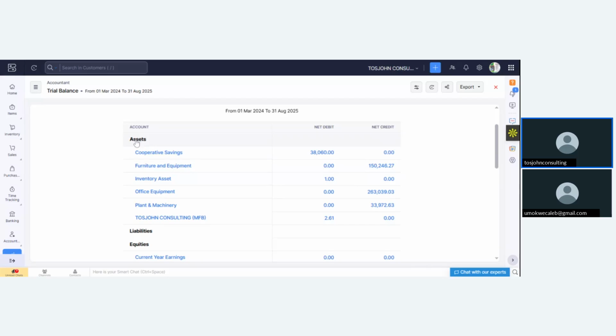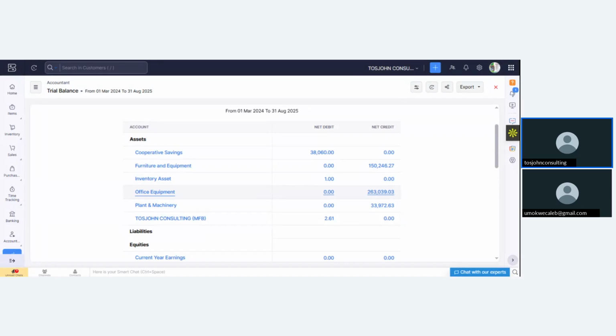You can see this is asset, and these are the list of assets. Asset is showing on the credit side, which is supposed not to be. This one is showing on the credit side, this one too. We are going to investigate it.